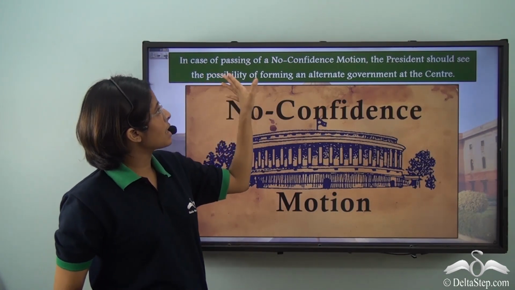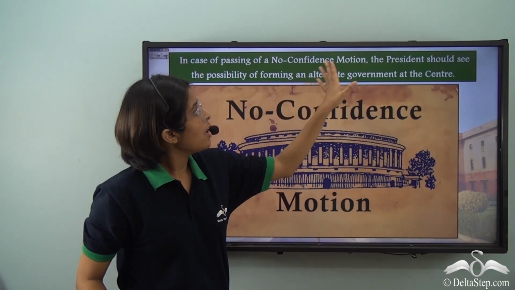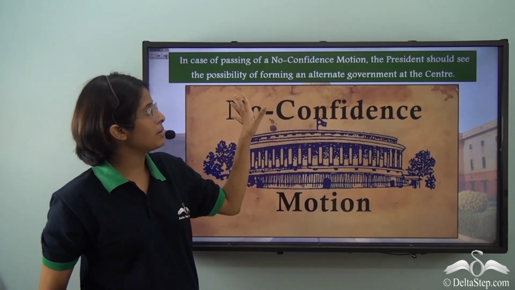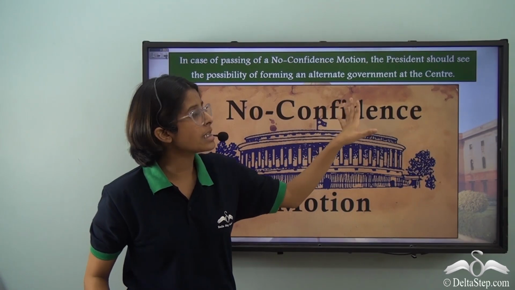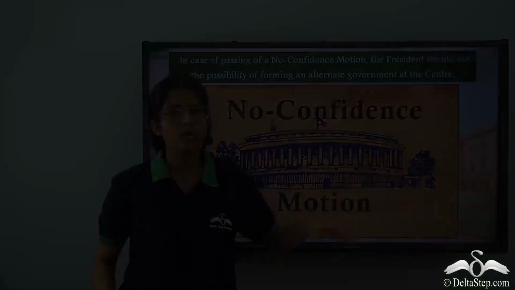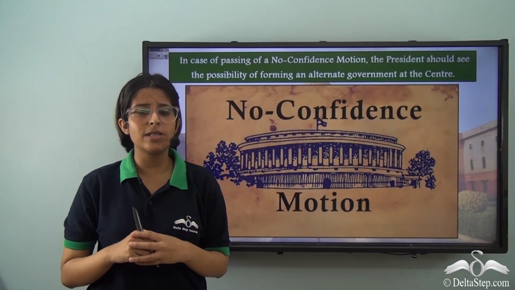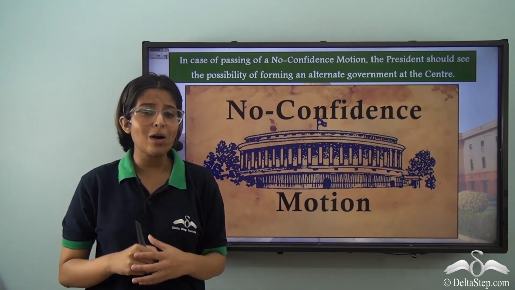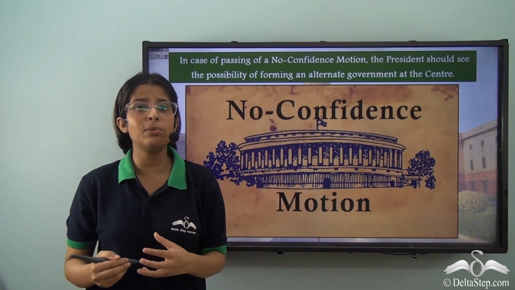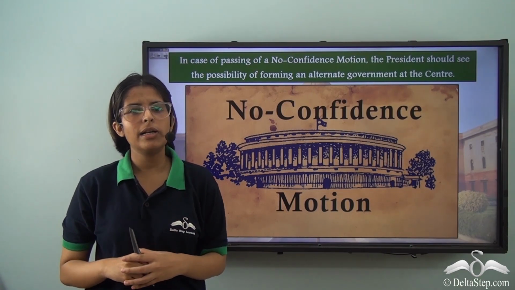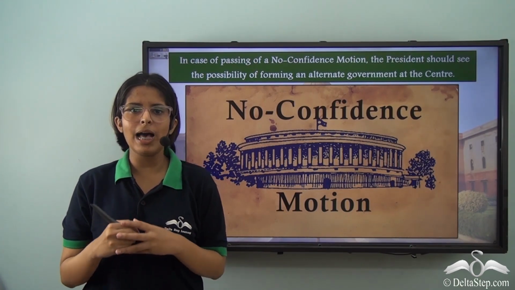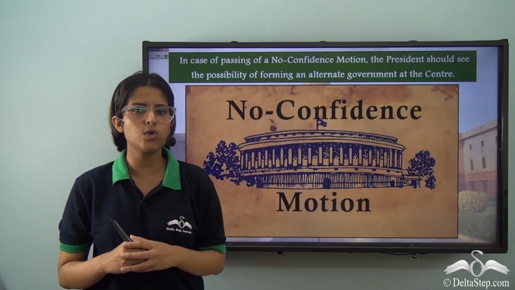In case of passing of a no confidence motion, the president should see the possibility of forming an alternate government at the center. That means he has to see if even without dissolving the Lok Sabha, a stable new government can be formed. If not, then the Lok Sabha has to be dissolved and new elections will have to be held.